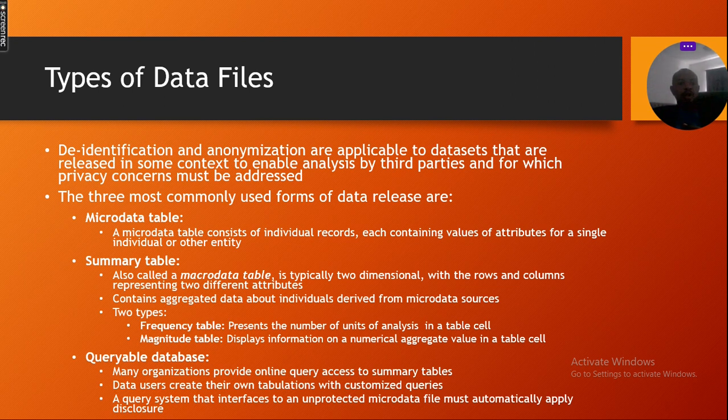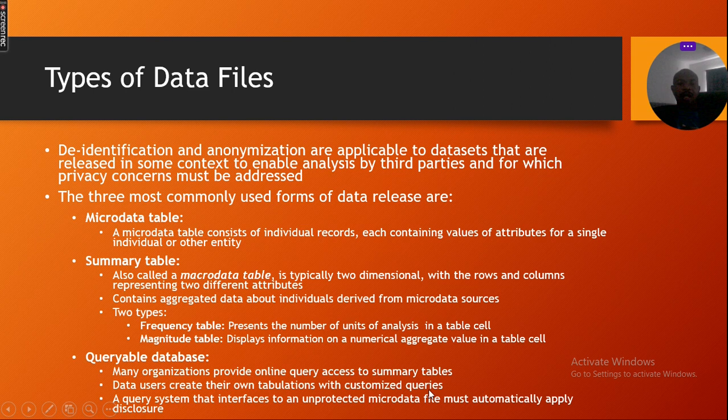Now the third type of data file in the database is the queryable database. In the queryable database, many organizations provide online query access to summary tables. So many summary tables form this queryable database. Data users then create their own tabulations with customized queries.